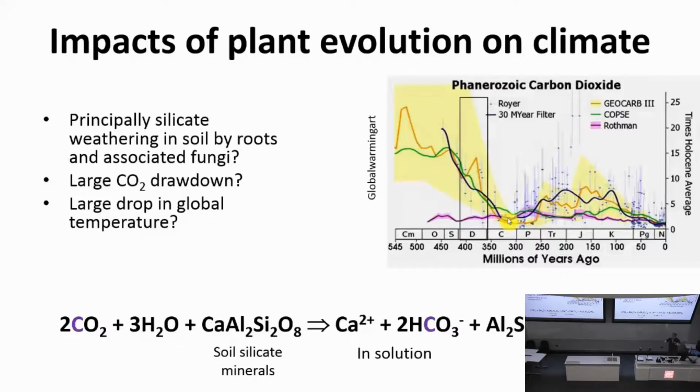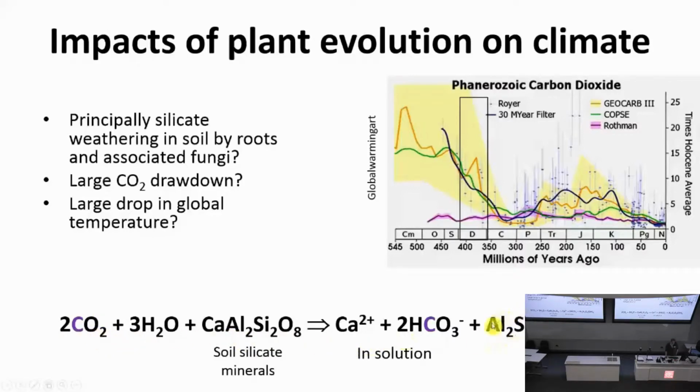The rooting system of these ancient plants and living plants have all sorts of bacteria and fungi working with them to really efficiently mine their way through the broken up rock which forms the soil. So they break down minerals, like a soil silicate mineral, which is a basic component of the Earth's crust, and they mix that up with a little bit of carbon dioxide from the atmosphere and water.